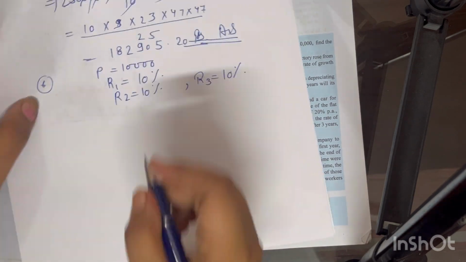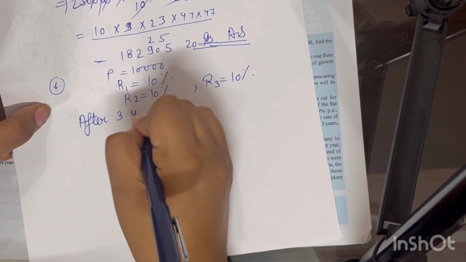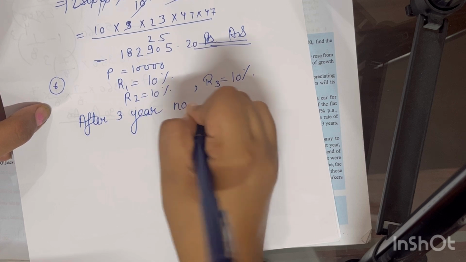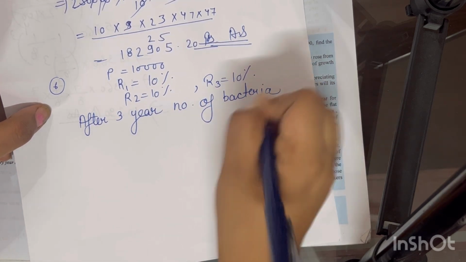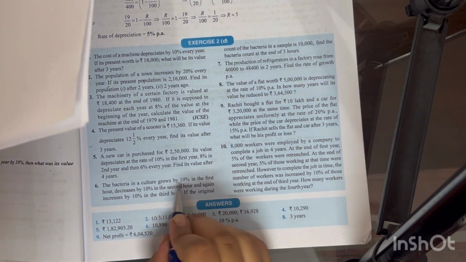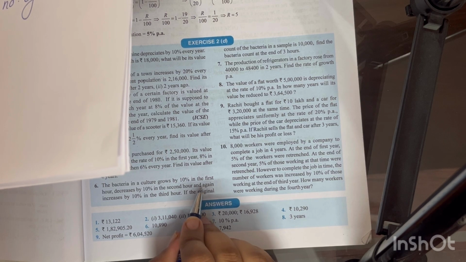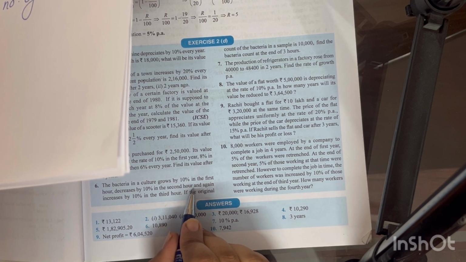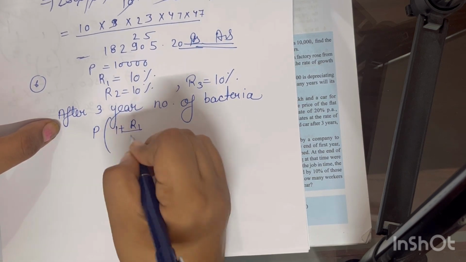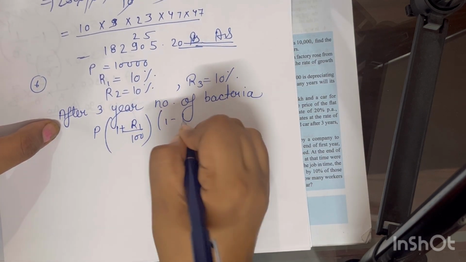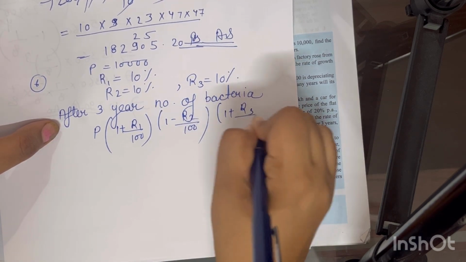So now after 3 hours, the number of bacteria: in the first hour it increases, then in the second hour decreases, then again increases. So P (1 plus R1 by 100)(1 minus R2 by 100)(1 plus R3 by 100).